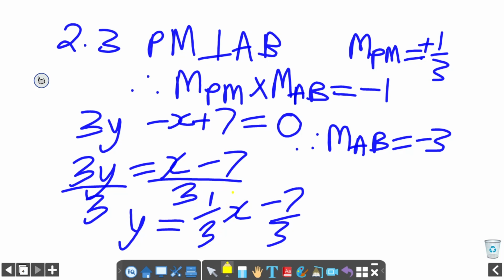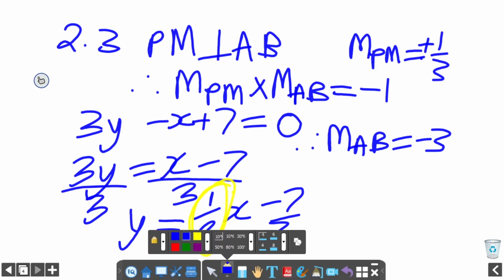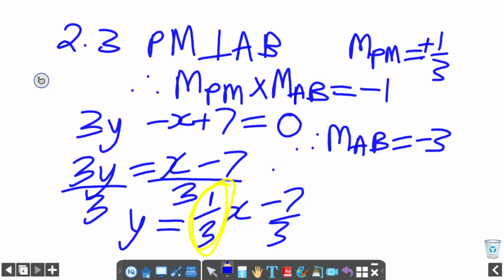Remember, the equation of a line is y = mx + c. So we have the gradient, which is 1/3 for PM. Now this will be the gradient of AB. From there, can we now find the equation of AB? Yes. Are we fine?